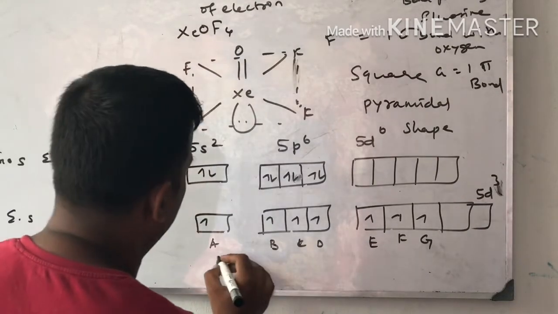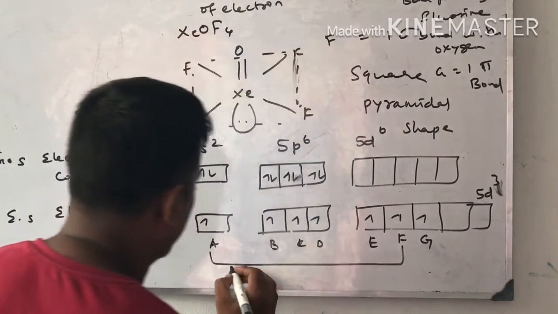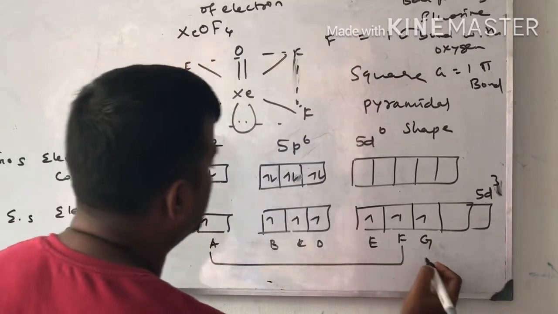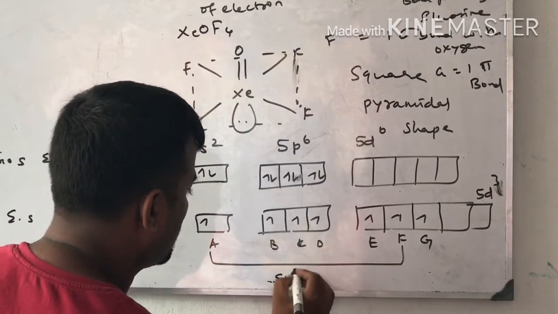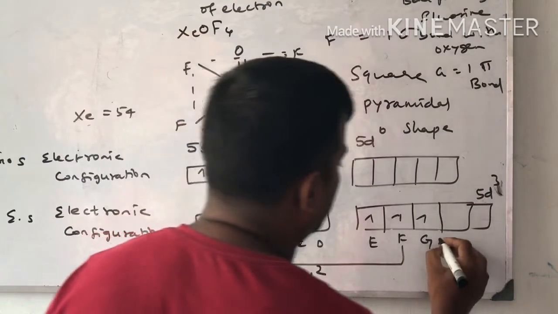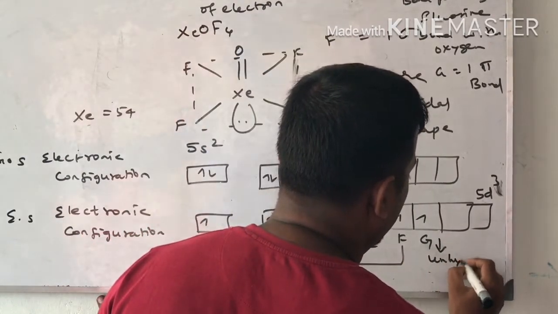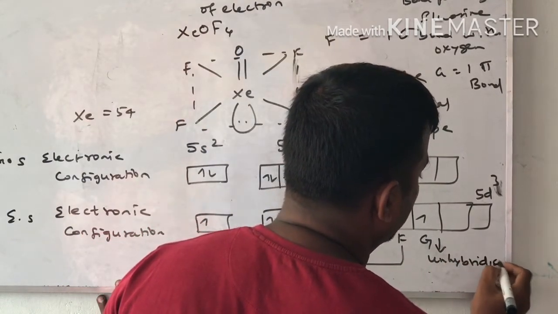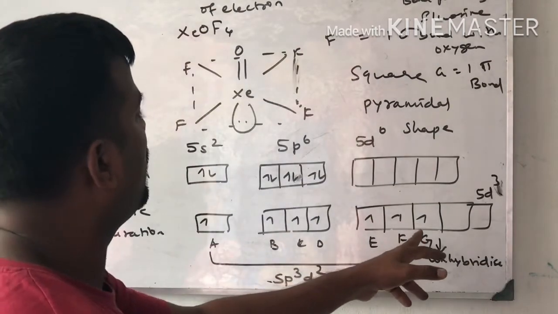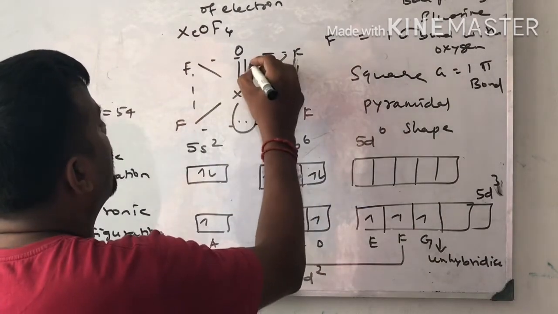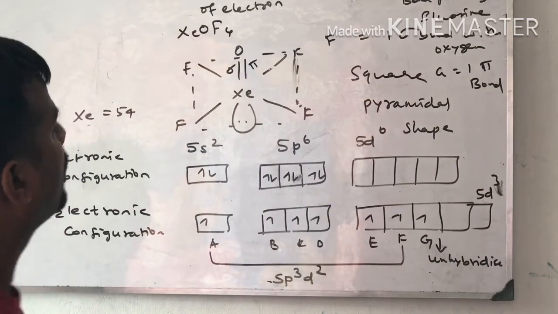Here the structure is 1 s orbital, 3 p orbitals and 2 d orbitals: sp3d2 hybridization. This is the unhybridized orbital, because this one electron is involved in pi bond contribution with oxygen.